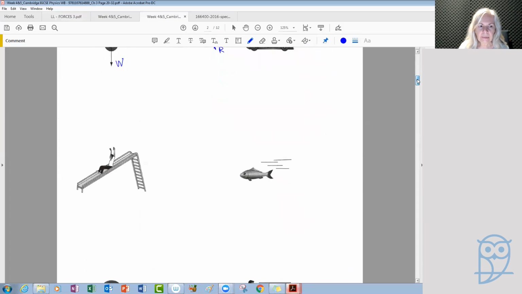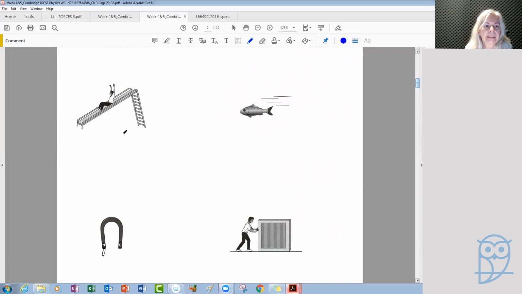Next, we have like a child sliding down the slide. Well, okay, of course, this boy will have a weight always vertical to the ground. Look at the direction of the weight, always vertical to the ground. Weight exerted by the earth on the boy.